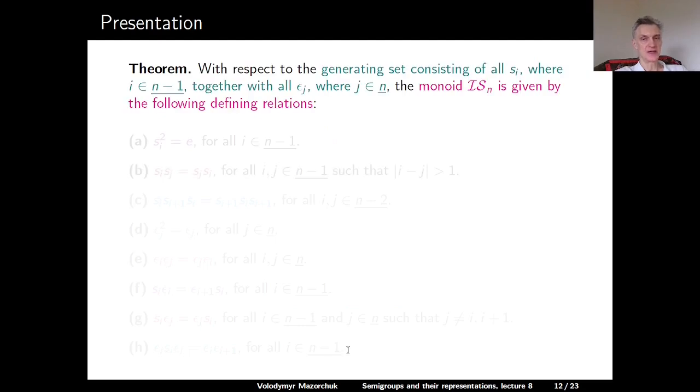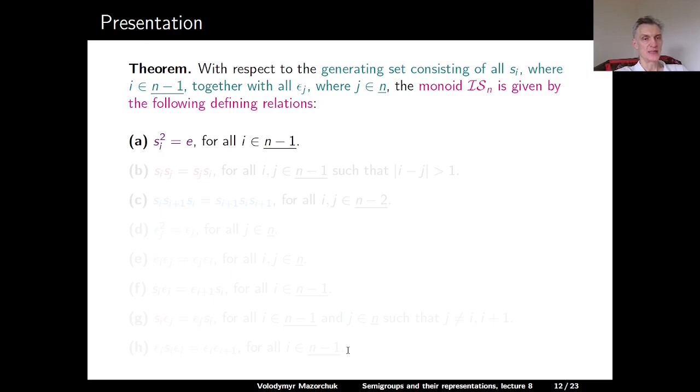Now we can describe a presentation for the monoid ISN. Theorem: with respect to the generating set consisting of all s_i's, where i is in n-1 underlined, together with all epsilon_j's, where j is in n underlined, the monoid ISN is given by the following defining relations.